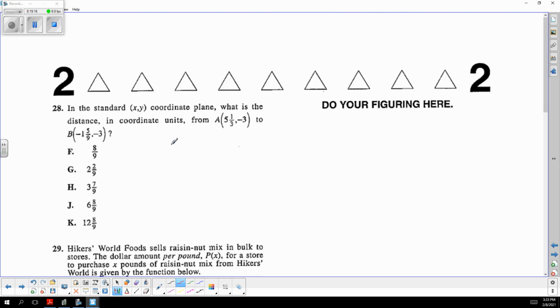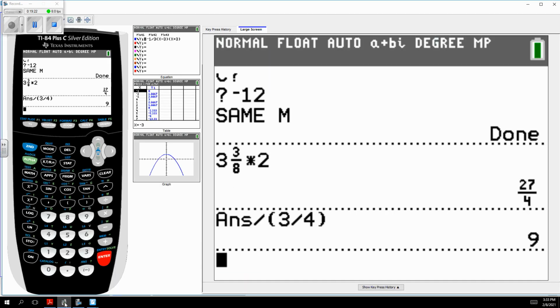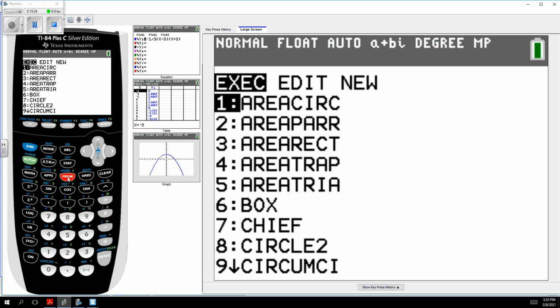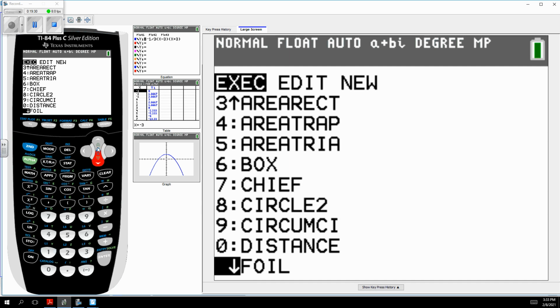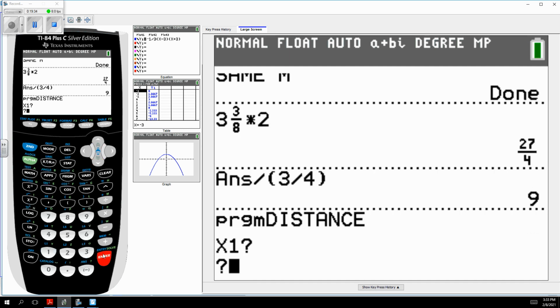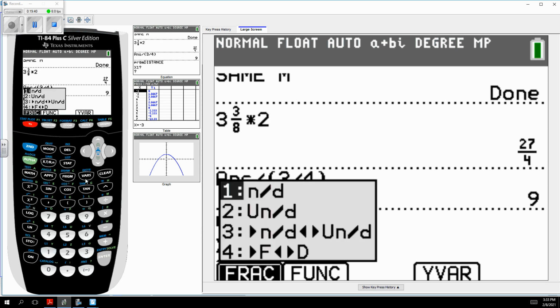You know what? This is distance, plain and simple. But I don't think my program takes the mixed number. I think the programs have trouble with handling the mixed number thingy. So you have to enter it as an improper fraction. Let's see if I can get it to show you that.